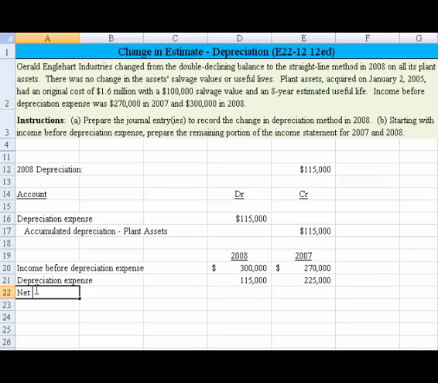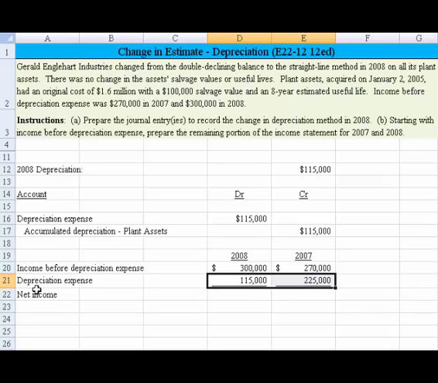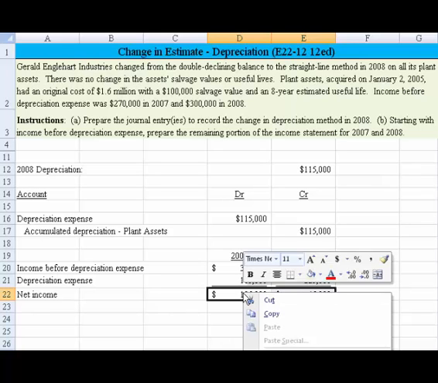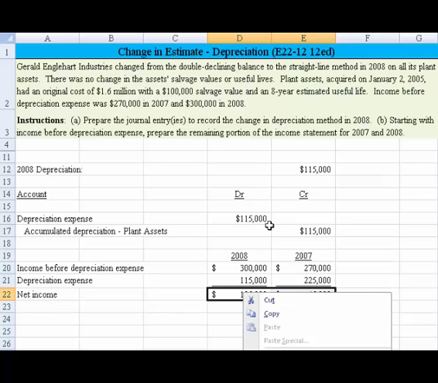And therefore, net income would be equal to the 300,000 less that 115, so 185 and 45,000 for 2008 and 2007. Okay, and really we should double underline that. Let me see if I can get this formatted correctly.